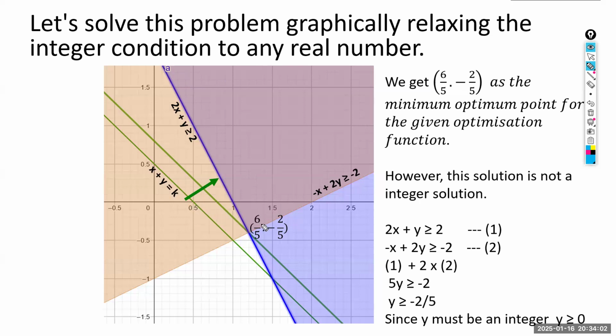So the minimum value is 4 divided by 5. But that is not an integer solution, because you get that value when x is 6 divided by 5 and y is minus 2 divided by 5. Right. So now we have done step 1, under relaxation.